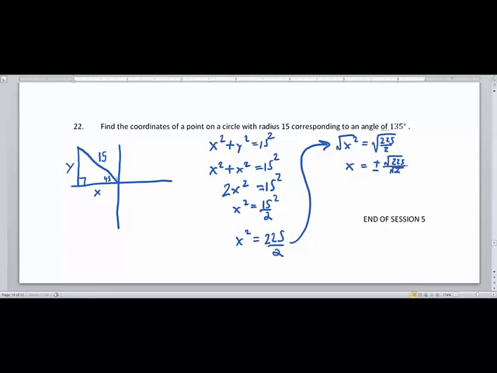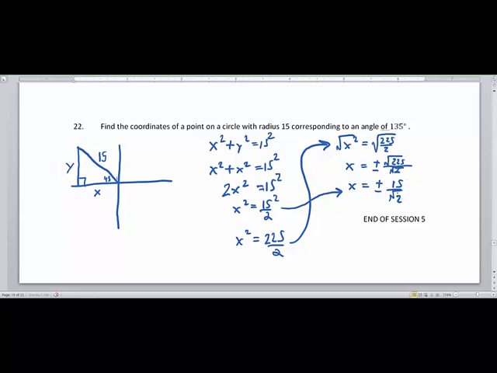I'm going to break this into two separate radicals, which I can do because of the properties of radicals. So now x is equal to plus or minus the square root of 225, which is just 15, over the square root of 2. You can see I could also have gone from this step to this step, knowing that the square root of a square is itself, as long as you adjust for the plus or minus, and then we also have the square root of 2.